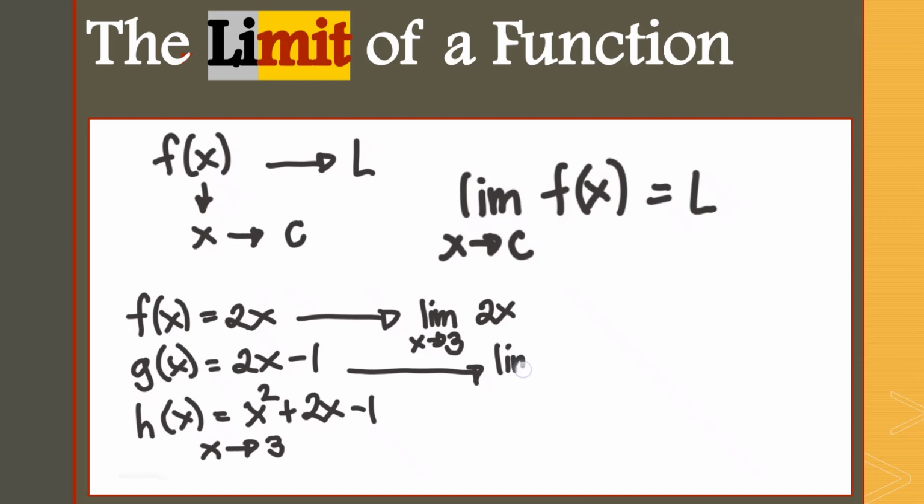The limit of the entire function 2x minus 1 as x approaches 3. It's very essential to enclose this in a parenthesis because this is very different from having the limit of 2x minus 1 as x approaches 3. Now, if you compute this later after all the sessions here, you might find out that these two have the same results.